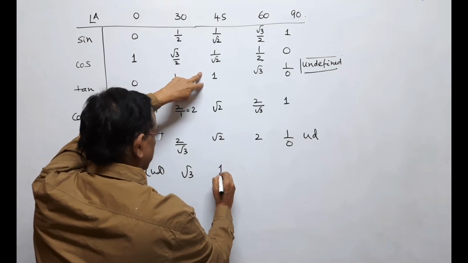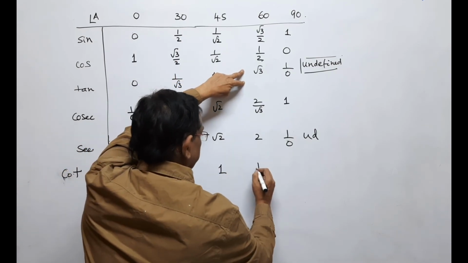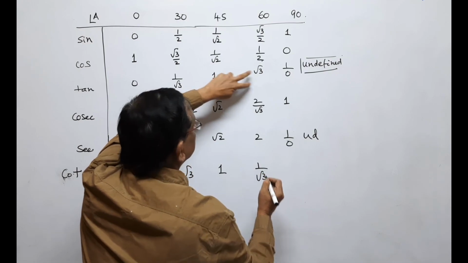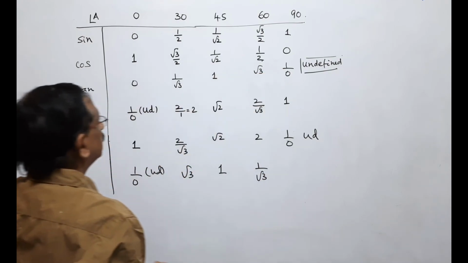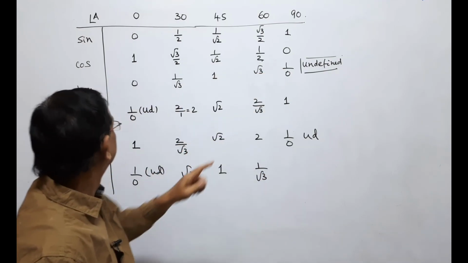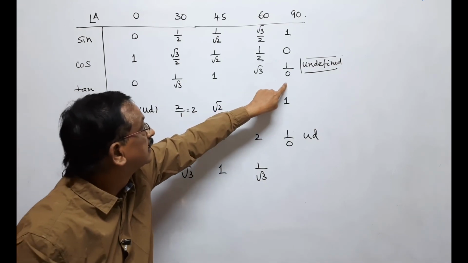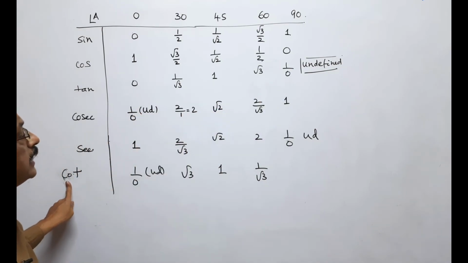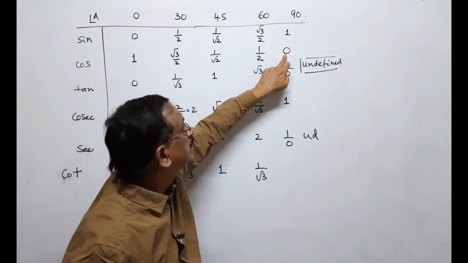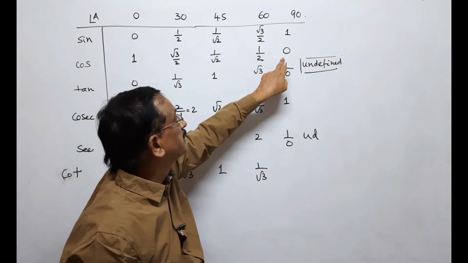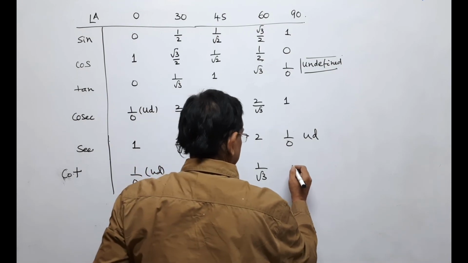Reverse it, 1. Reverse it, 1 by root 3. Now, don't look at this. What is cot 90? Cot 90 is cos 90 by sin 90. That means 0 by 1, which is 0.